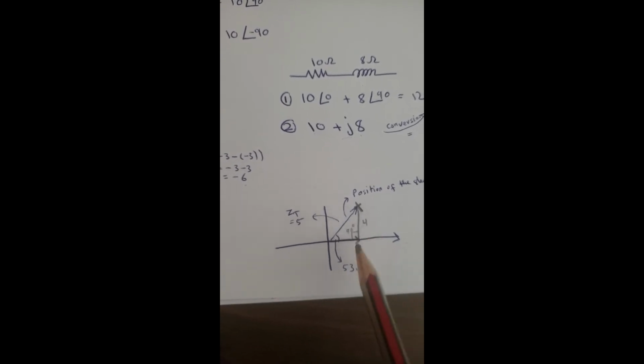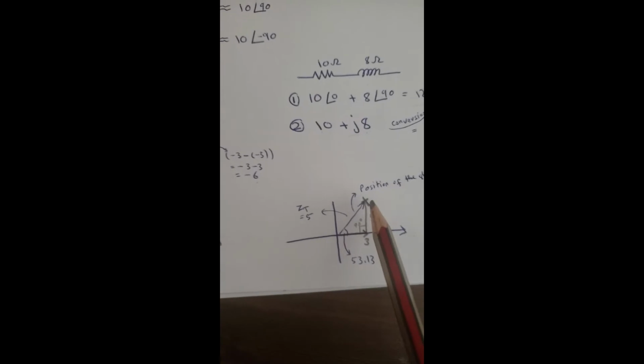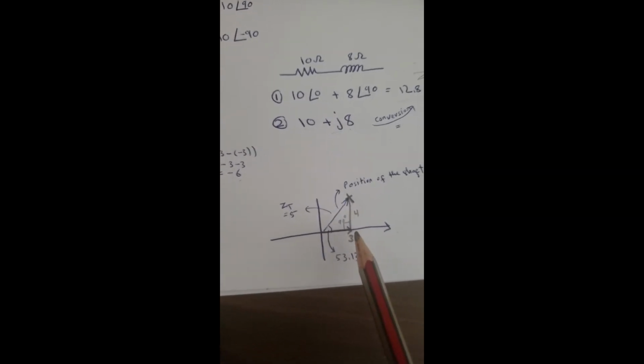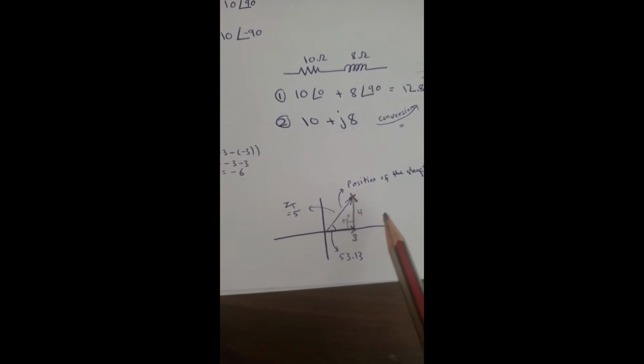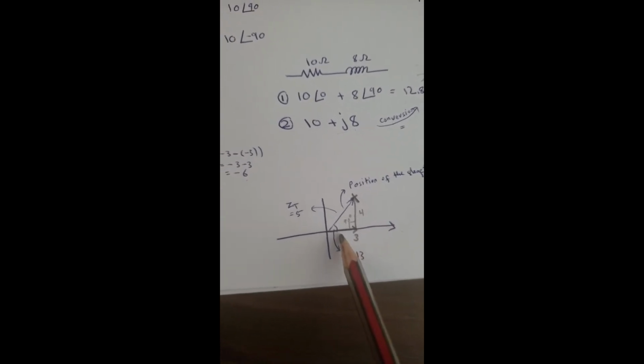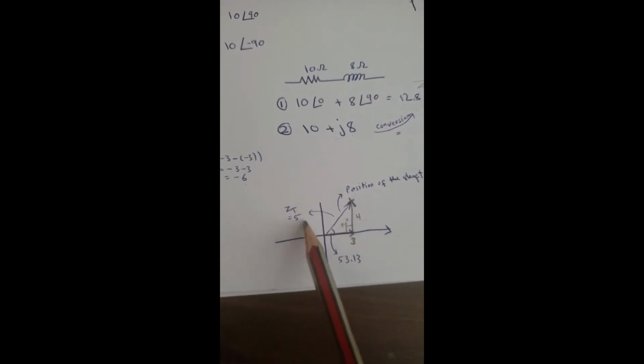I cannot add 4 plus 3 equals 7. I cannot. Why? Because this has an angle of 90 degrees and this one has no angle, the resistive. So I have to use Pythagoras, the Pythagoras law, guys, which is square root of 3 squared plus 4 squared. The result will be 5.